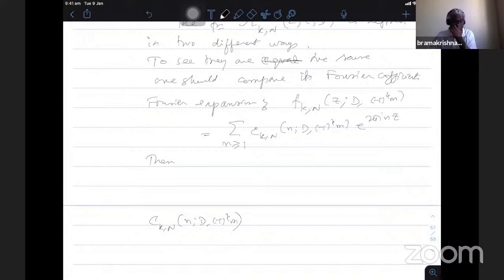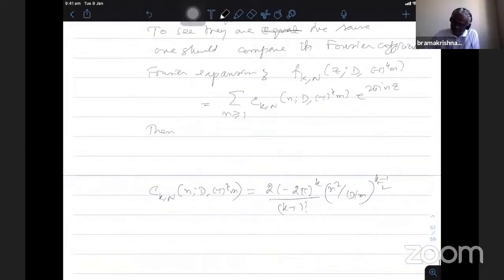a long expression, so it is taken in two parts. It is 2 times (-2 pi over k factorial... ) times (k-1)(n squared by |D|m) to the power (k-1)/2 times the long expression. I'll just put it in the next line.